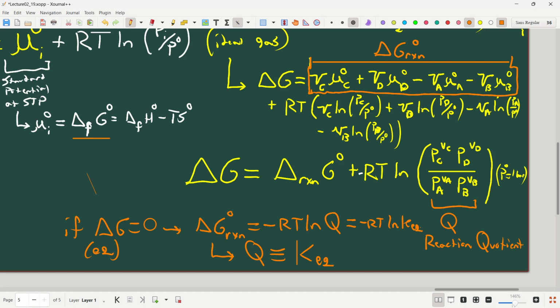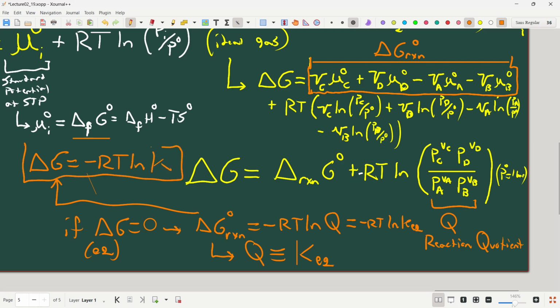So if you have an imbalance of products over reactants, for instance, delta G is not going to be 0, because this thing is going to be non-zero. If you're at equilibrium, delta G is 0, and these are equal to each other, and you get the equation. Sorry this is so messy. You get delta G is minus RT ln K.